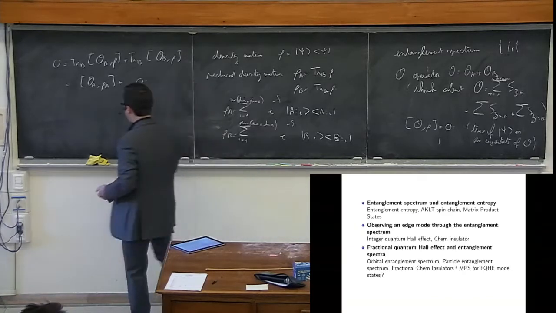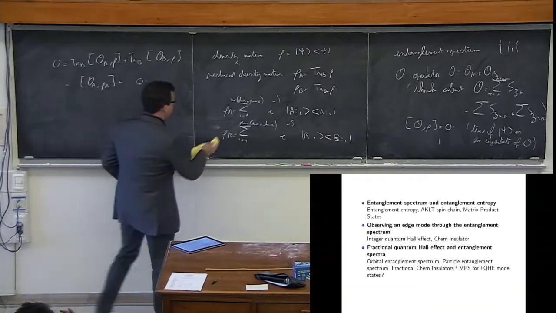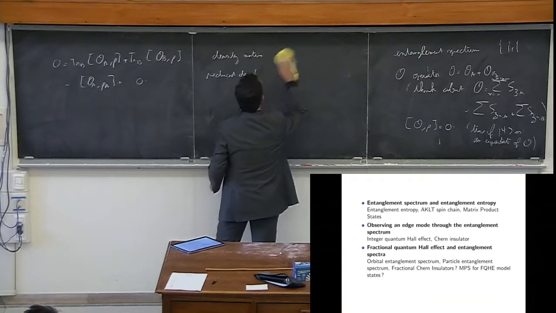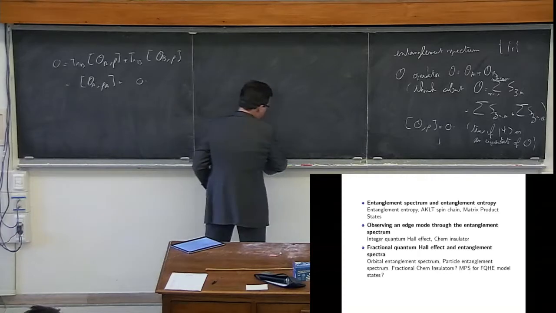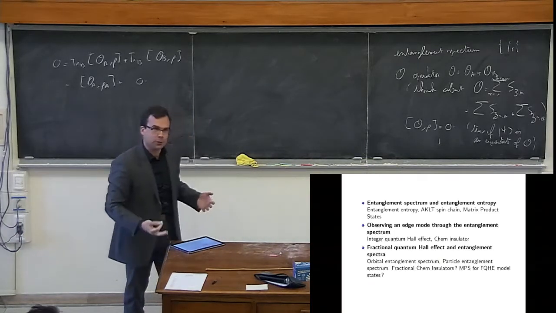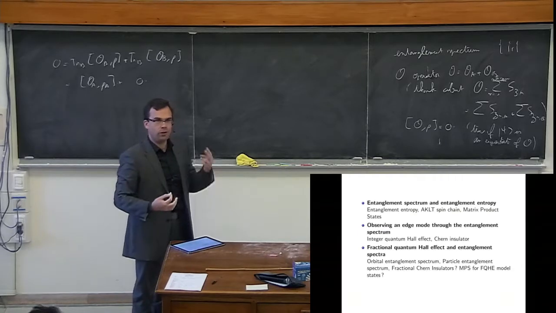So okay, enough formula for the moment. Let's look at one example. The simplest example that you can imagine is a spin 1/2 chain with only 2 spin 1/2.